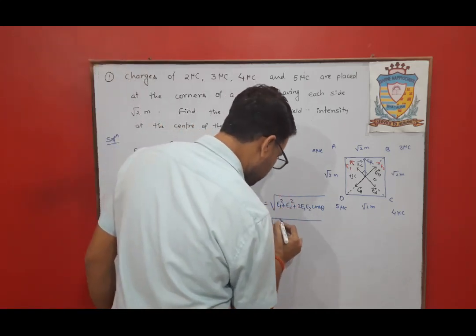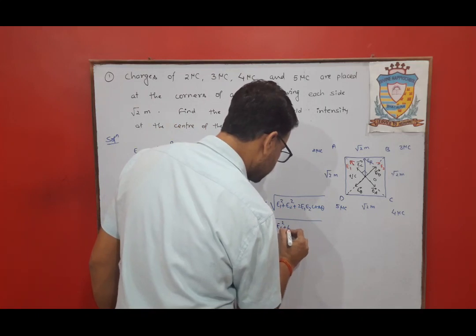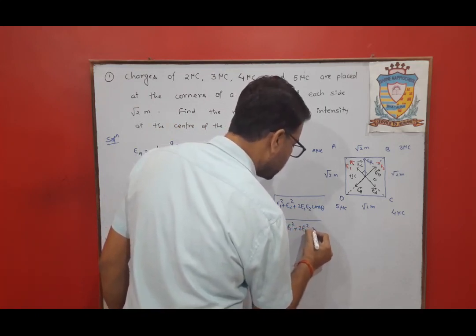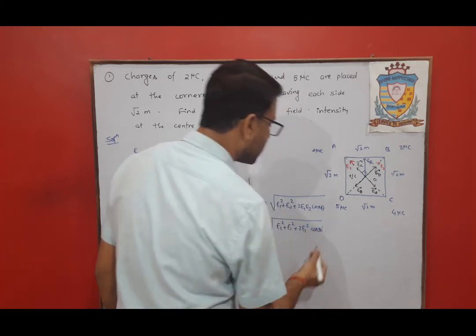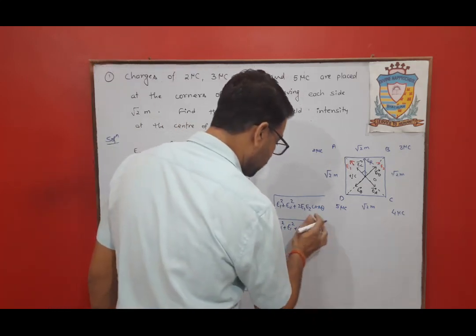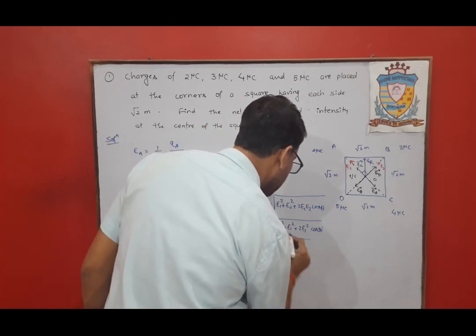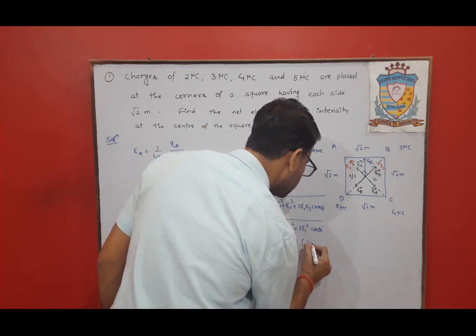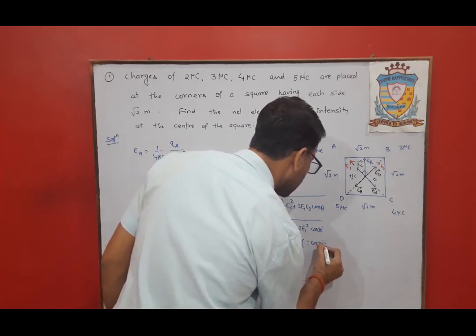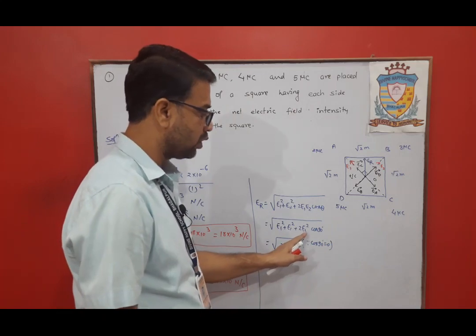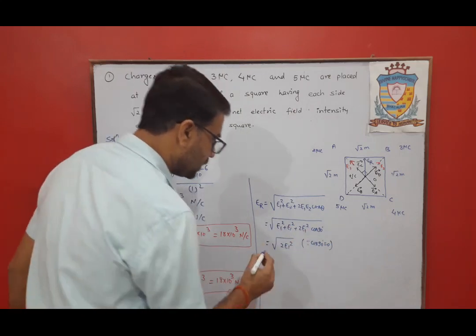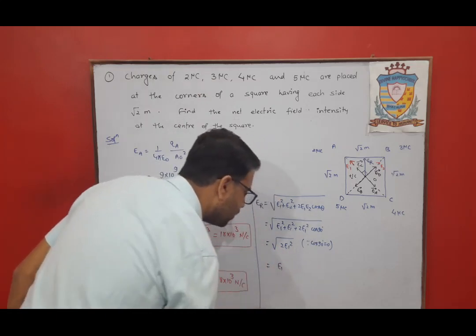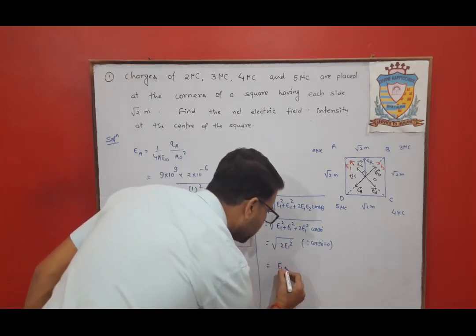So this will be equal to the square root of E1 squared plus E1 squared plus 2 E1 squared cos 90. Cos 90 is 0, so this whole quantity, 2 E1 squared cos 90, will become 0. What we have now is 2 E1 squared. After solving it, we have E1 root 2.